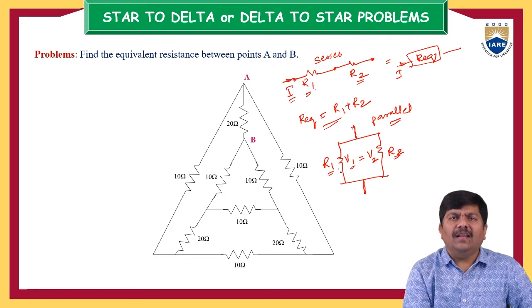So the parallelism of electrical elements can be ensured by the voltage magnitude, while the series connection can be ensured by the magnitude of current. This is the parallel connection and this is the series connection. If the elements are connected in parallel, then the R equivalent is R1 into R2 by R1 plus R2.